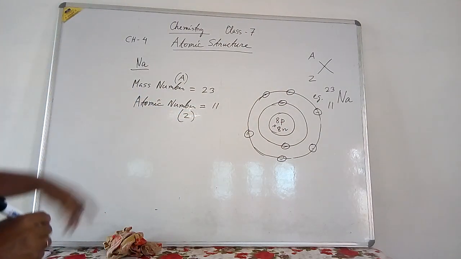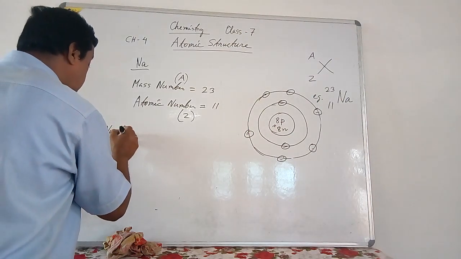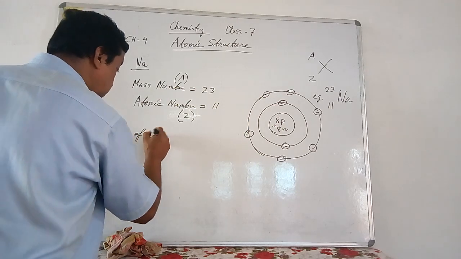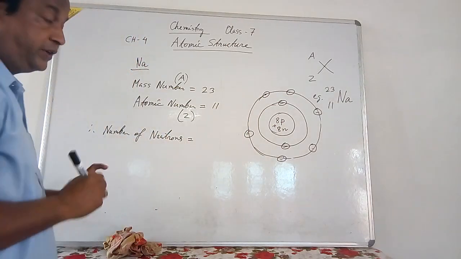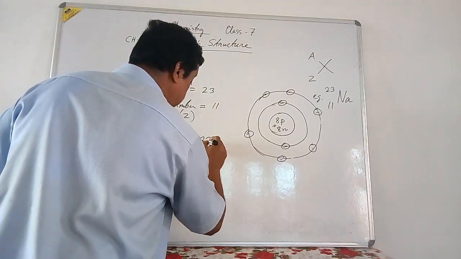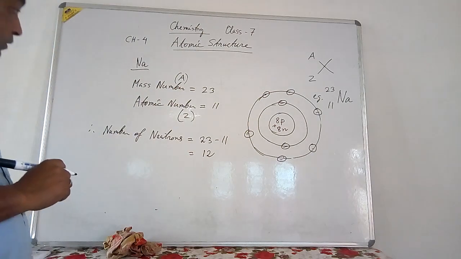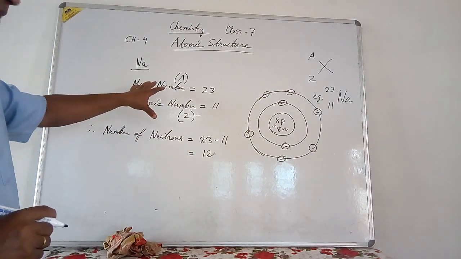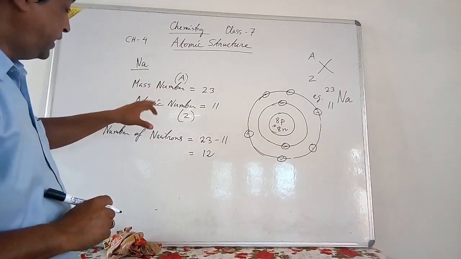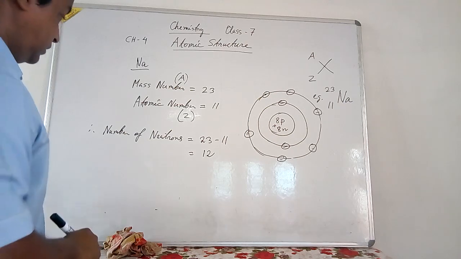Now if you want to find out the number of neutrons present in that sodium atom, it will be 23 minus 11, that is equal to 12. So we can find out the number of neutrons this way from the given mass number and atomic number of sodium.